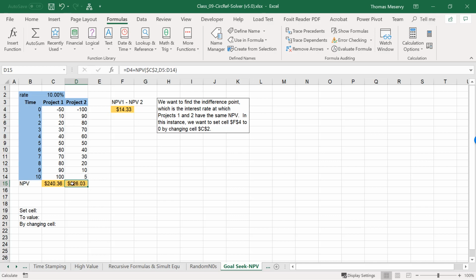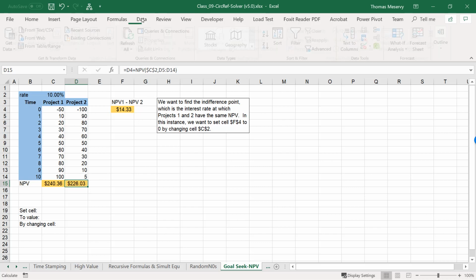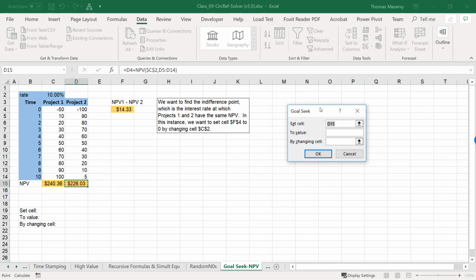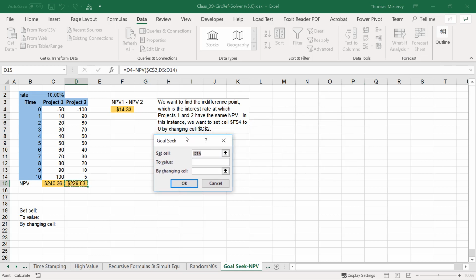So let's take a look at GoalSeek here. GoalSeek can be found under the Data tab, under Forecast and What If analysis, and there it is, GoalSeek. Now it asks for 3 different things whenever you use GoalSeek. The set cell is the cell that you want to look at to see if a value is in.